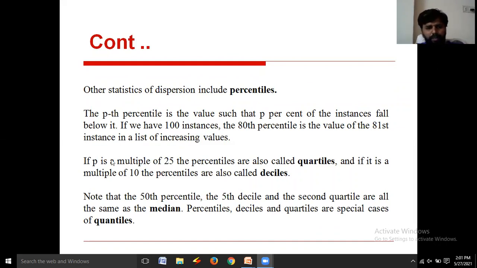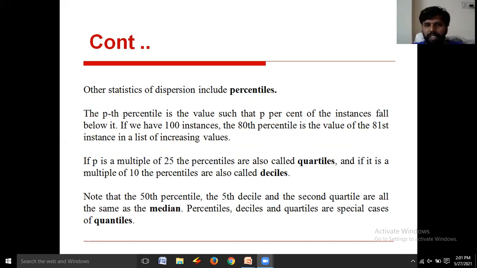Here observe this: if p is a multiple of 25th percentiles, this is called quartiles. What is a quartile? A quartile is a multiple of 25th percentiles. And multiples of 10th percentiles are called deciles. Remember, these are the measures we are using.